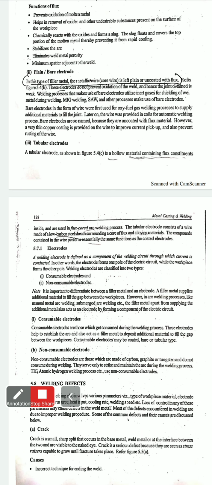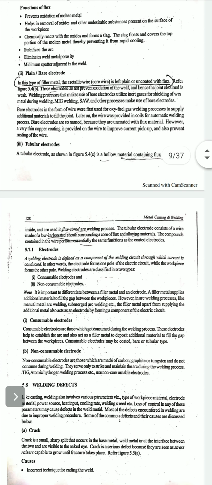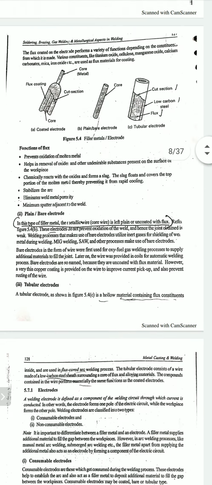Now next are the tubular electrodes. What do we mean by tubular electrodes? A hollow material containing the flux constituents inside, used in flux cored arc welding processes. The tubular electrodes consist of a wire made of low carbon steel, a shell surrounding a core of flux and alloying materials. The compounds contained in the wire perform essentially the same function as the coated electrode.